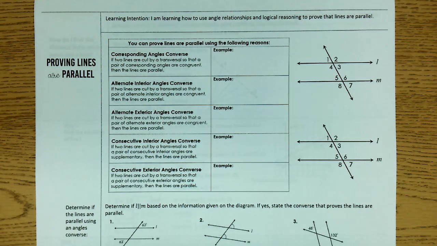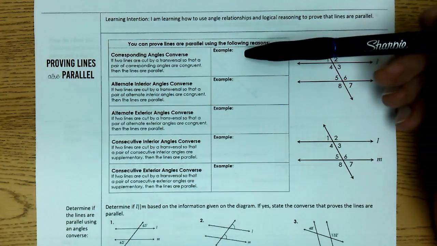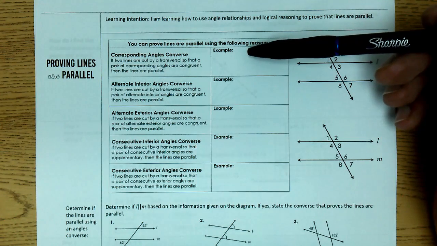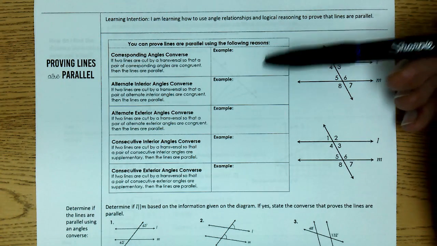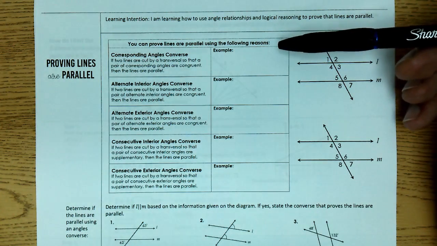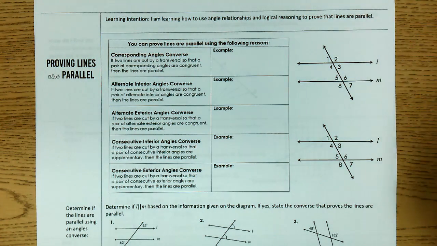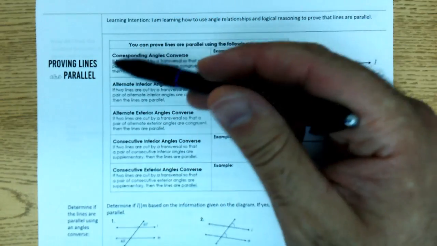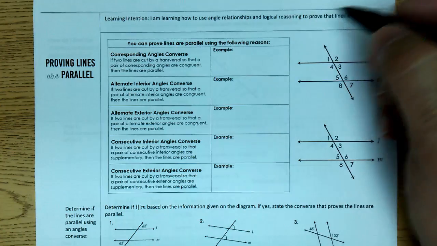If 2 lines are cut by a transversal so that a pair of corresponding angles are congruent, then the lines are parallel. So what they're asking us to do here for this example is actually give a set of corresponding angles to tell whether the lines are parallel or not. And we're going to do it in an if-then statement just like they did.